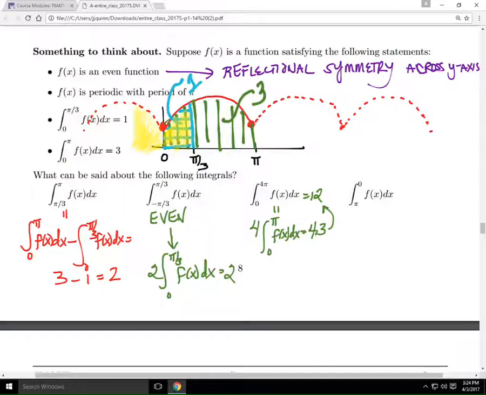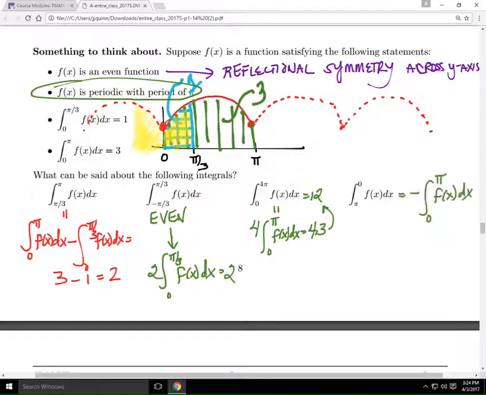And finally, this last one is a little weird. It's the area from pi to 0. So we're reading in the opposite direction. We usually have been doing this from left to right, and now we're going from right to left, and all that's going to do is change our sign.